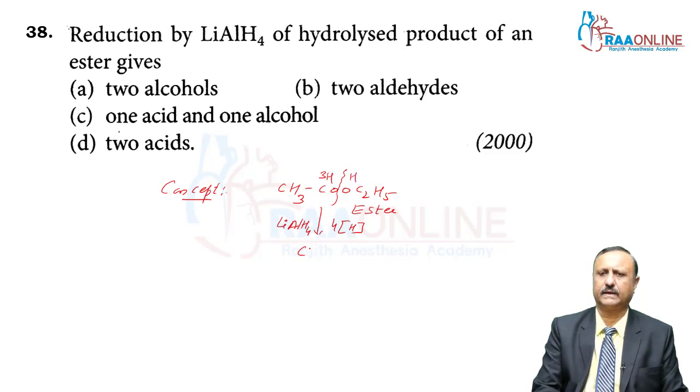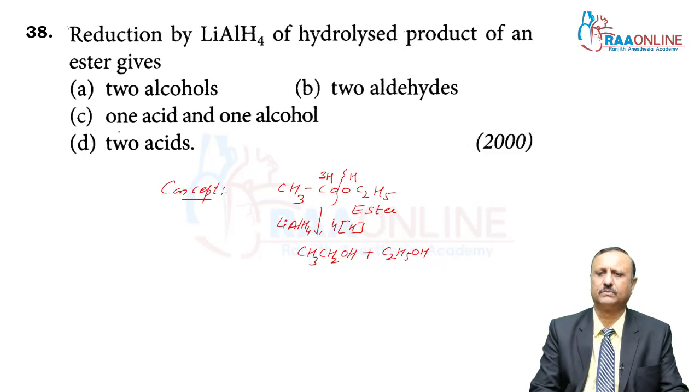Then you get CH3CH2OH, 1 mole of this, and another mole of C2H5OH. Why? Because this is the C2H5OH, and here the CO group is converted to the CH2OH group. So you get 2 moles, 1 mole of this and 1 mole of this. So you get 2 moles of alcohols, and both are alcohols.